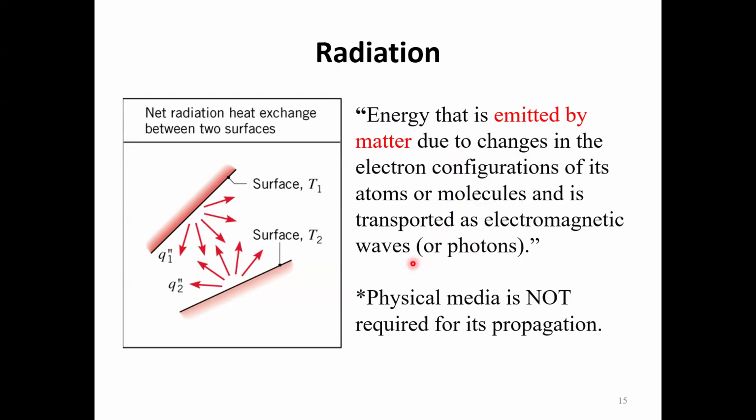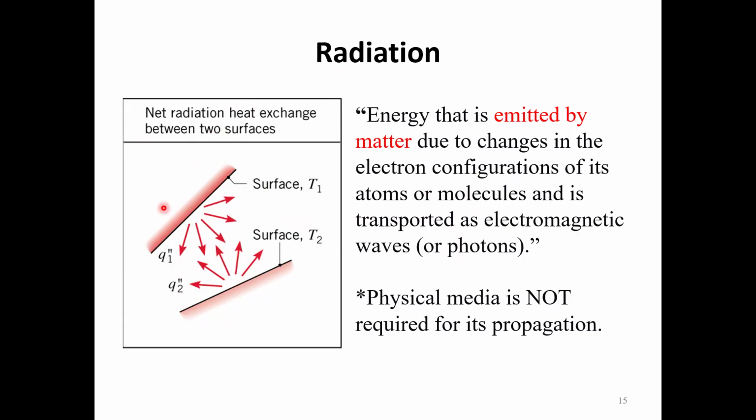Basically any surface at a certain temperature, due to changes in its electronic configuration, is going to emit energy. Here you have two surfaces, and we try to calculate the net radiation heat exchange between these two surfaces.